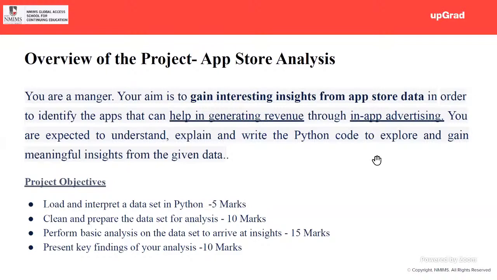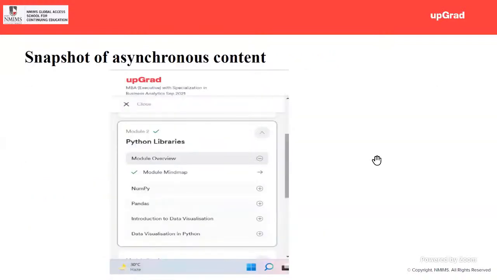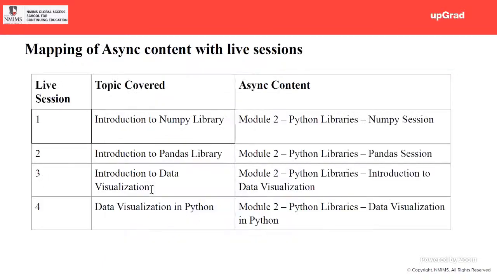Okay, so this is the overview of the project. All right. This is a snapshot from your async content that you will be seeing on your learning platform. In module 2, you have NumPy, Pandas, Introduction to Data Visualization, and Data Visualization in Python. Your live sessions are mapped with your async content.